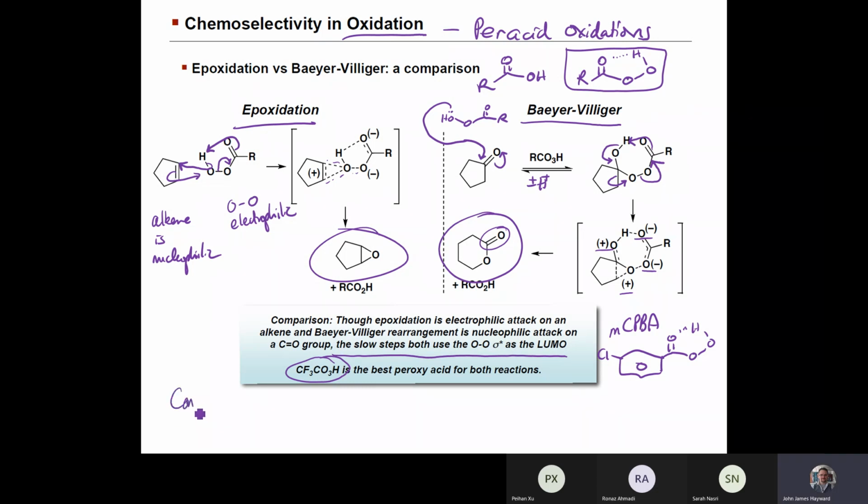So we cannot easily achieve chemoselectivity by reagent choice. Yeah, goodness me.